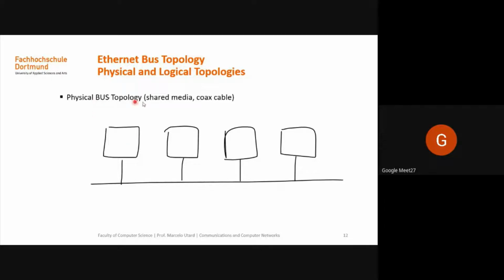Then the first scenario is several stations or nodes that are connected to a shared media, for instance, typically a coaxial cable. It could be a thick or a thin coaxial cable, and in that way, all the stations could exchange digital signals, could listen if the coaxial cable is transmitting any digital signal.